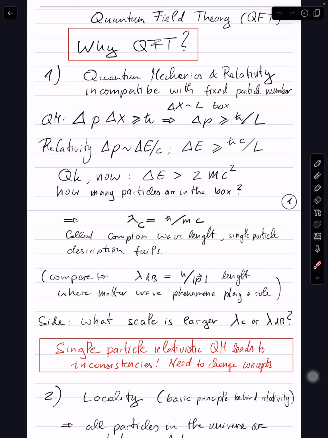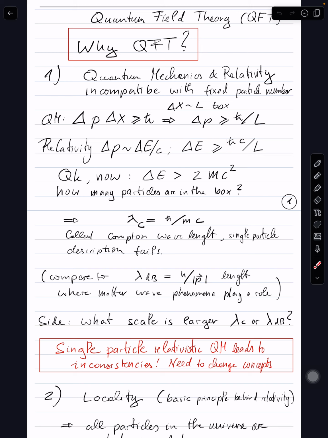The energy and momentum are more or less the same up to a constant. If we divide energy by the speed of light, we basically get a momentum for a highly relativistic particle. And now we can substitute delta E for delta p, and so we know that the energy uncertainty on that particle is larger than, again, h bar c divided by the size of that box.